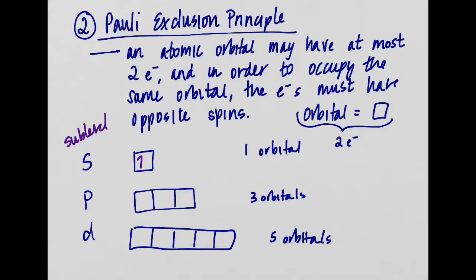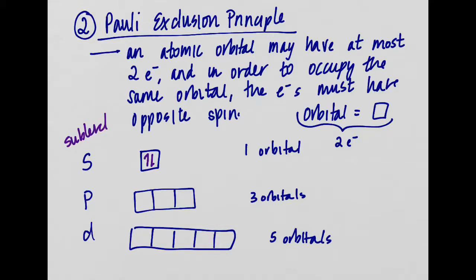Likewise, I cannot have 2 electrons pointing down. That means I have 2 electrons with counterclockwise spin. I can't have that either. I must first put my clockwise, my up arrow, then I can put my opposite, counterclockwise electron.